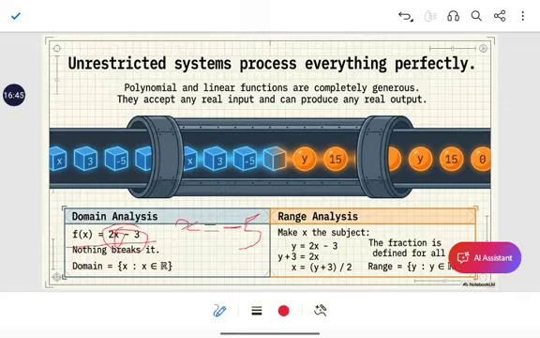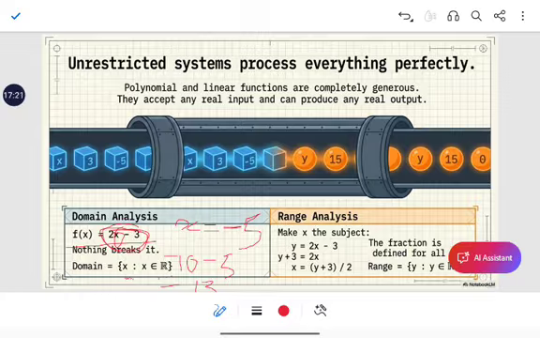So 2 times -5 is -10 minus 3. We have -13. And -13 is a real number. So we said that every value of x belongs to real numbers. Every value of x we put into this function, the answer we get will be a real number.